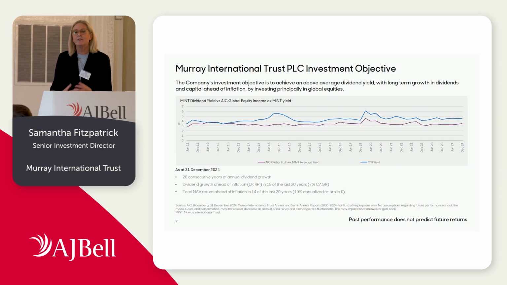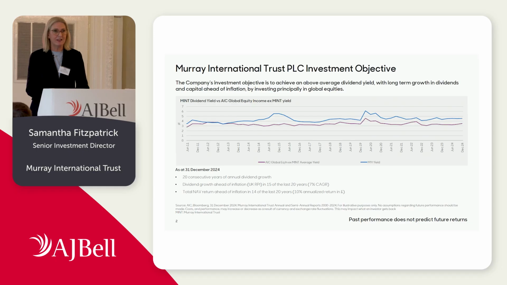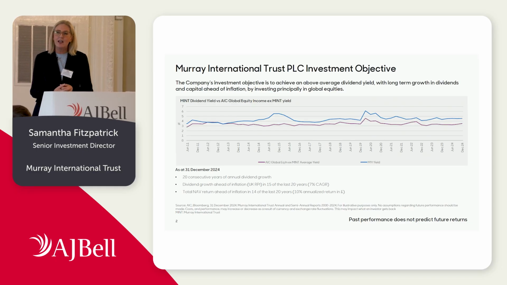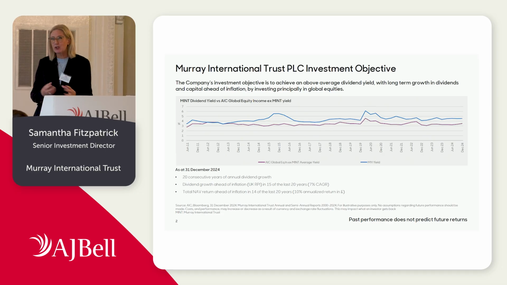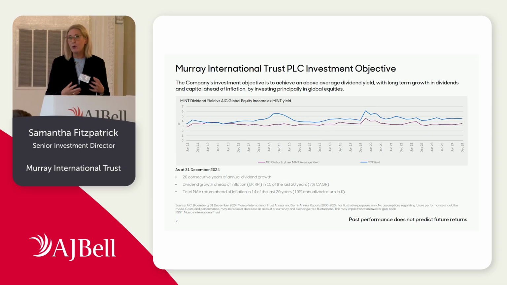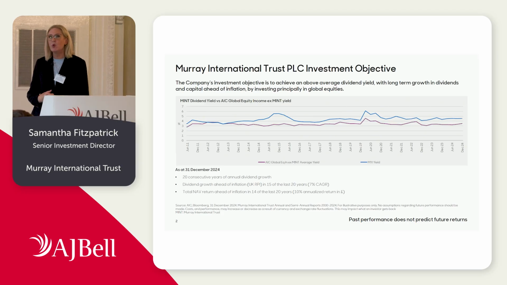And one reason for that is that we try to cover the dividends. So any income that we pay out to our shareholders is generated from the income derived from the underlying position. So that naturally takes you into a bit more healthcare exposure, a bit more staples exposure over time to give you that more consistency of income.